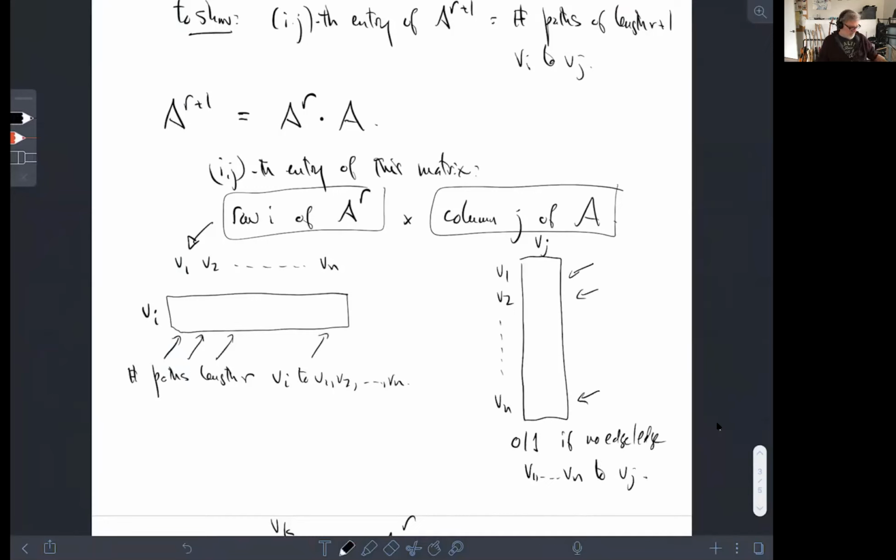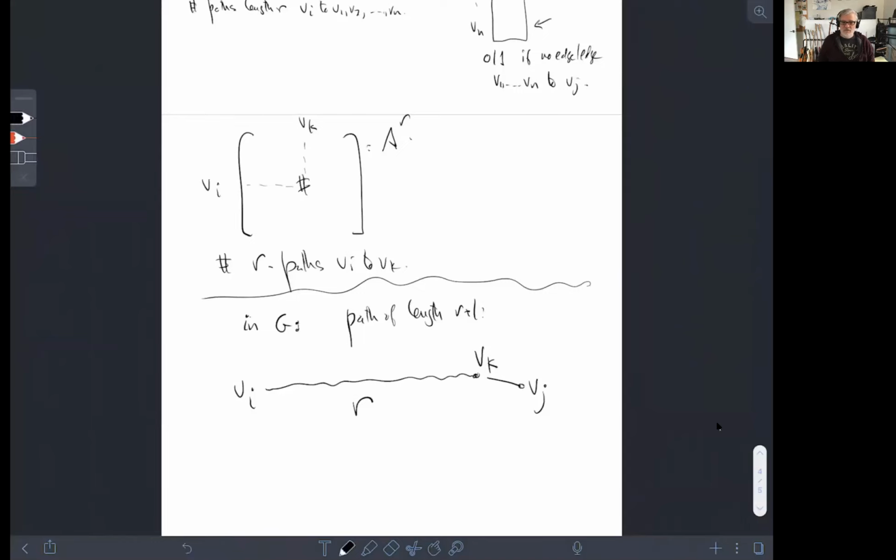I should visualize it as follows. I have a path of length R to some VK, which is adjacent to VJ. That's what a path of length R plus 1 is, right? You walk along R edges until you reach some vertex, and then you finish at VJ.